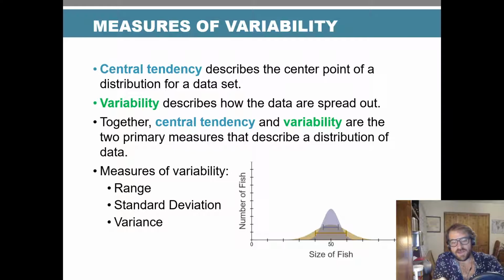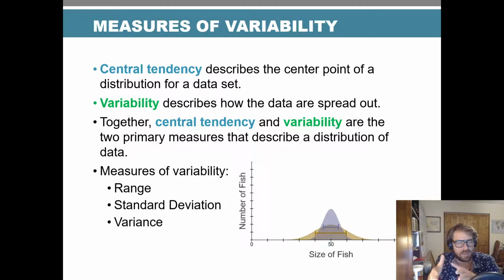Anyway, you can see that one boat that's described by the blue distribution, the average is 50. The brown distribution, the average is 50. So they're both coming up with an average of 50 centimeter tuna. But the boat that's described by the blue distribution is pulling up a lot more fish that are closer to 50 centimeters.